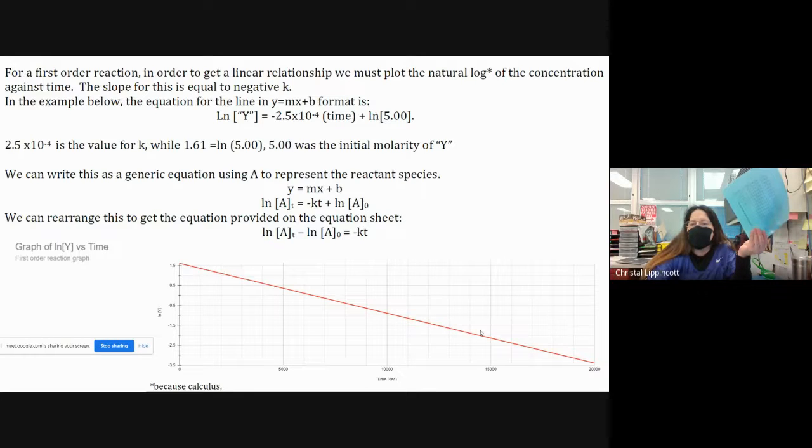If then you get a straight line, then that means that it is first order. And your slope again is going to be your K value. So that's why your calculator can be so handy. And I want you guys, especially those of you who are taking the exam in May, to get familiar with how to use that, because that's going to save you a crap ton of time trying to figure out slopes and all this other jazz.